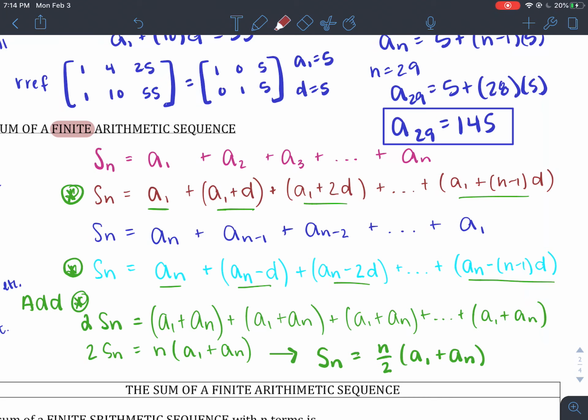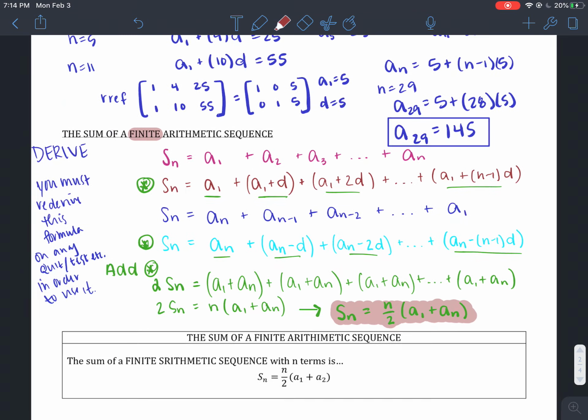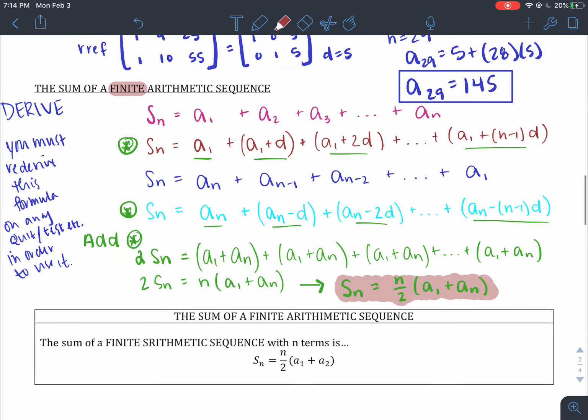And that right there is our formula for partial sums of finite arithmetic sequences. I have it written down below, nice and pretty. Finite arithmetic, little typo there, that should be an A, arithmetic sequence with n terms: s sub n is n over 2 times a sub 1 plus a sub n. Another typo, a sub n.